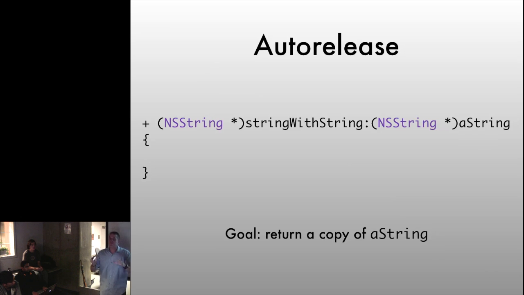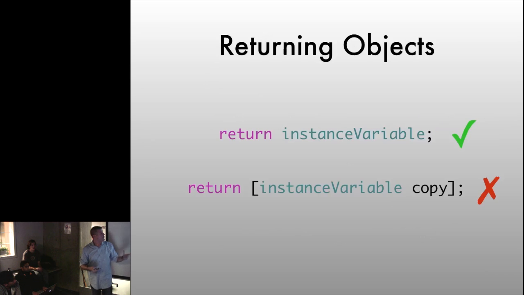So here's what we're trying to do. We're trying to write a method that takes a string and returns back a copy of a string. We don't want to do this. We don't want to make a copy of it because now there are 2 objects. One has a retain count of 1, the copy.